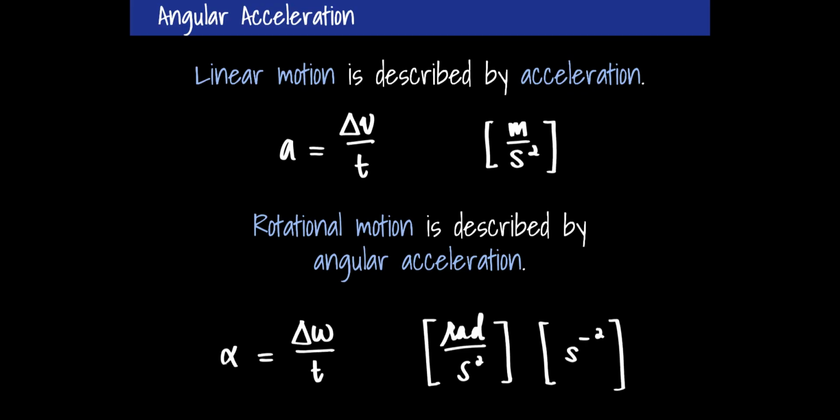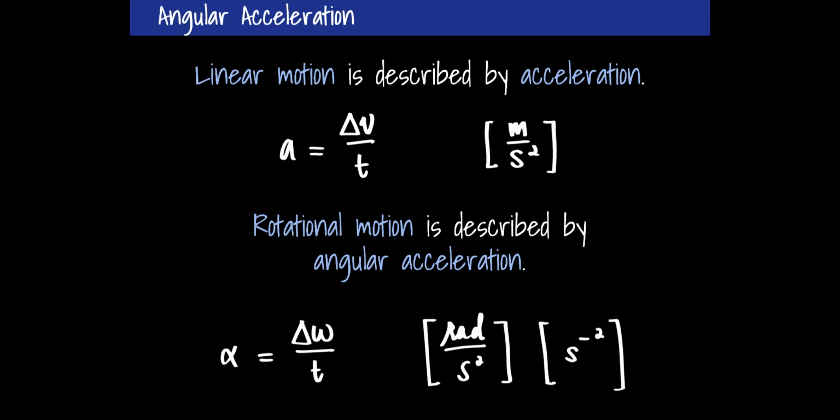the velocity changes. The velocity has units of meters per second and time is in seconds. So the units of acceleration are meters per second squared. Rotational motion is described by the angular acceleration, which is given the symbol, the Greek letter alpha. It's a lowercase alpha.